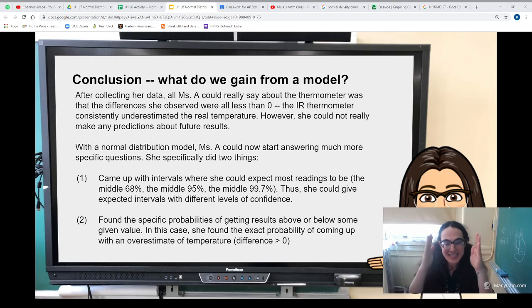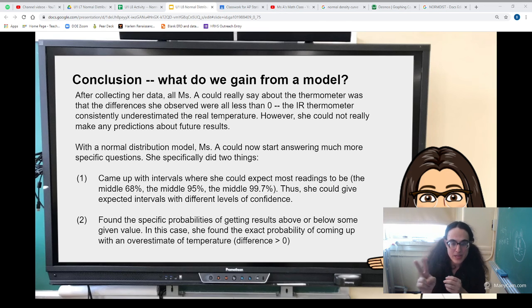So this lets us give windows for our estimates with different levels of confidence that we can specify, because we know 99.7% of our observations should come in here. So if I guess every single time that it will be in that window, I will be right, hopefully, about 99.7% of the time. But again, this is a topic that we are going to go into in a lot more depth in future units.